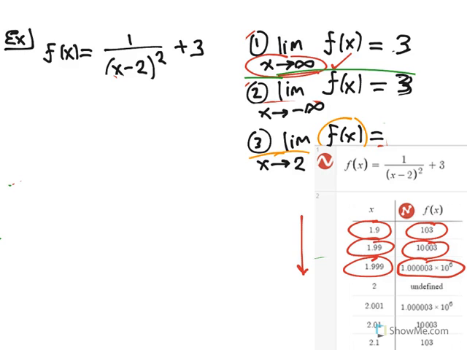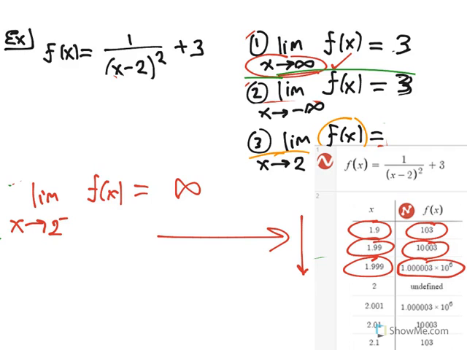So the limit does not exist because the output values are not approaching a particular number. However, we can be more specific than that and state the way in which the limit fails to exist. We can say that as the input values approach 2 from the left of 2, so for this particular part of the table, we're actually just looking at the limit of the function as x approaches 2 from the left of 2, and it is going to infinity.